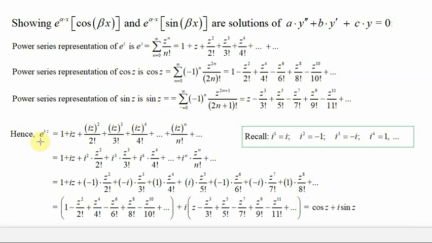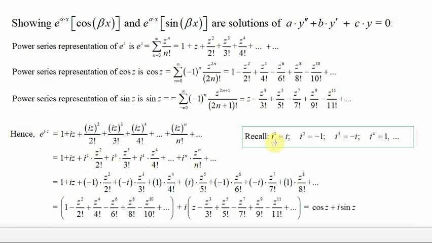Therefore, e to the iz would be 1 plus iz plus iz squared over 2 factorial and so on. Simplifying, we get 1 plus iz plus i squared times z squared over 2 factorial and so on.